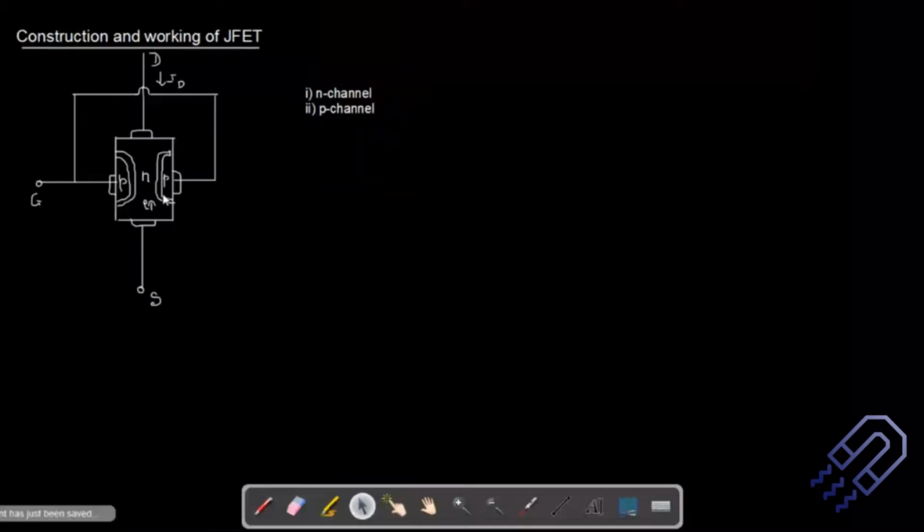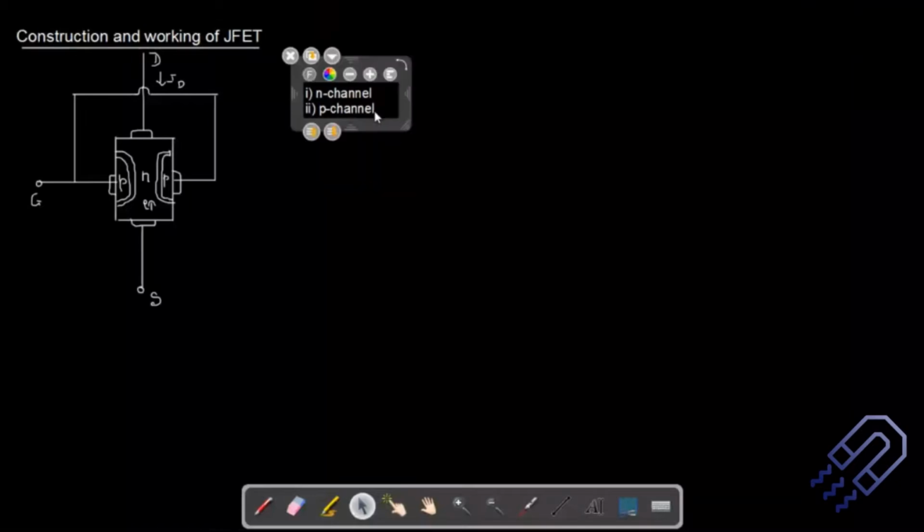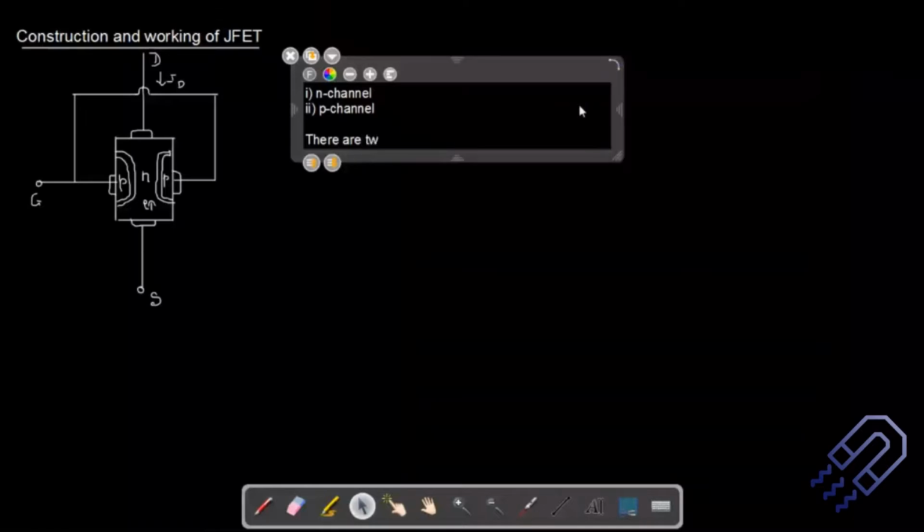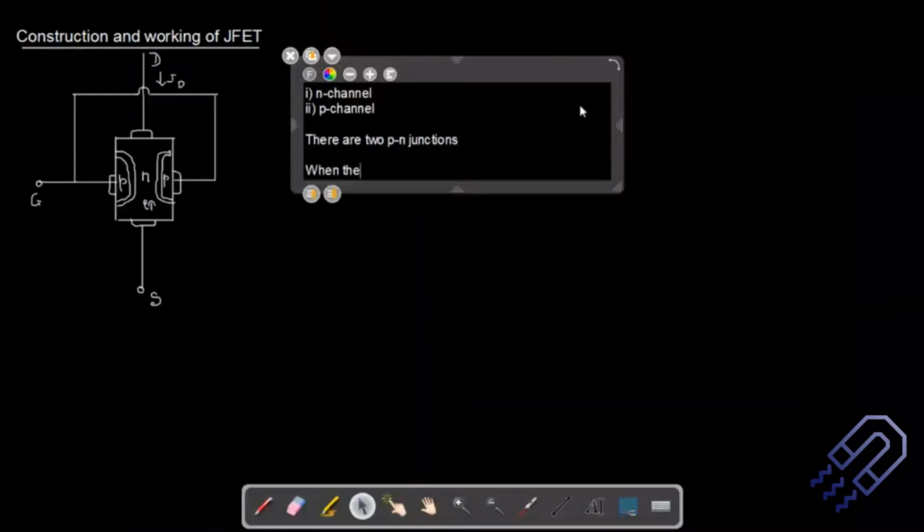In general, if we write down a few points which we have already seen, there are two junctions. There are two PN junctions, so that is important. And one more thing, this is actually the working. You need to understand how exactly it works.